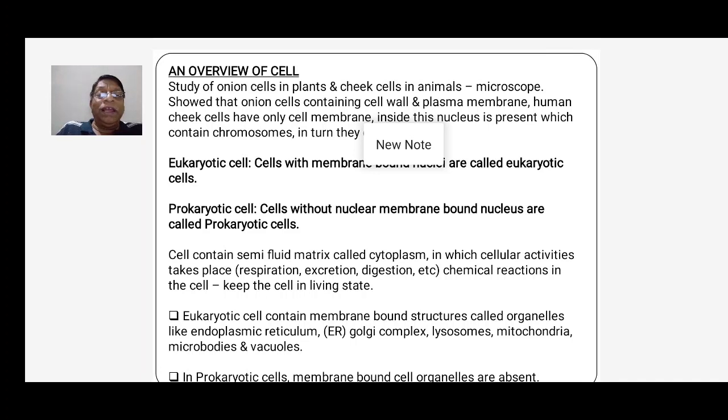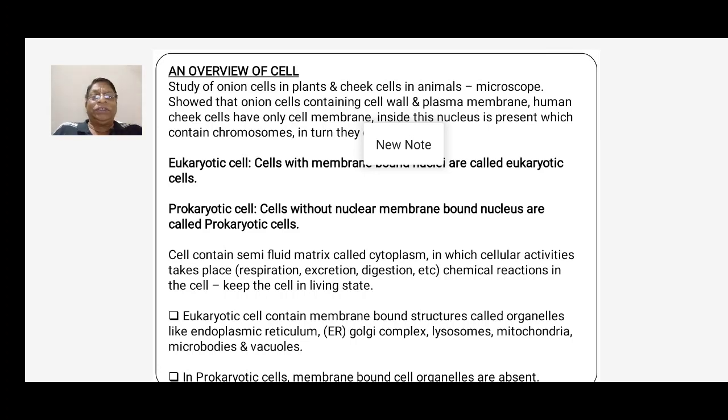What about cell wall? It's not found. The animal cell, human cell, cheek cells shows only the cell membrane. It means cell wall is absent.